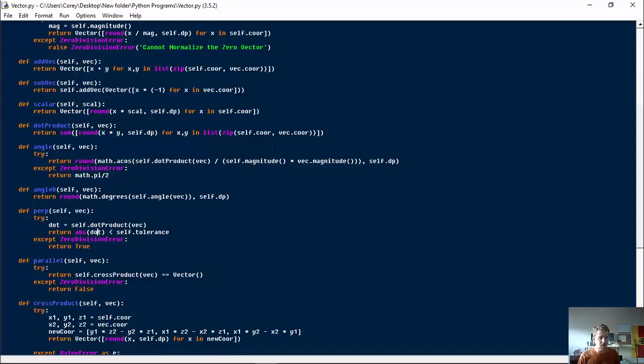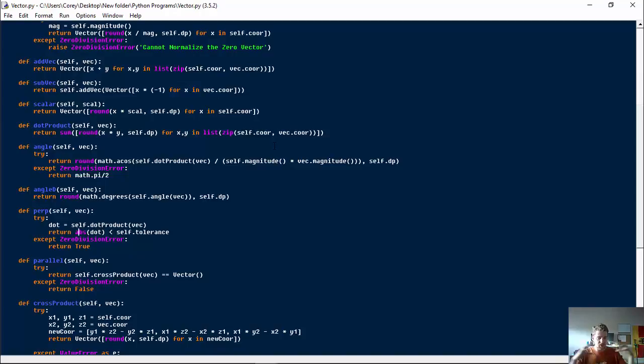So if they're perpendicular, we're going to try to dot product it, and we're going to try to check if it's within the tolerance. Basically all I'm doing here is really what we did up here with angle. I'm just calling the dot product, and if it's within my tolerance of 0, we're going to call it 0. I changed it a little bit last time.